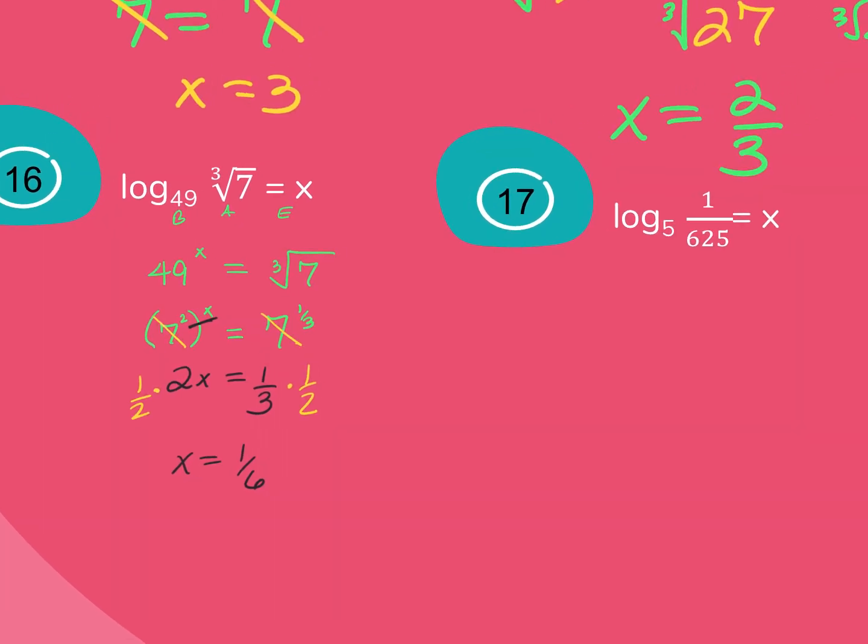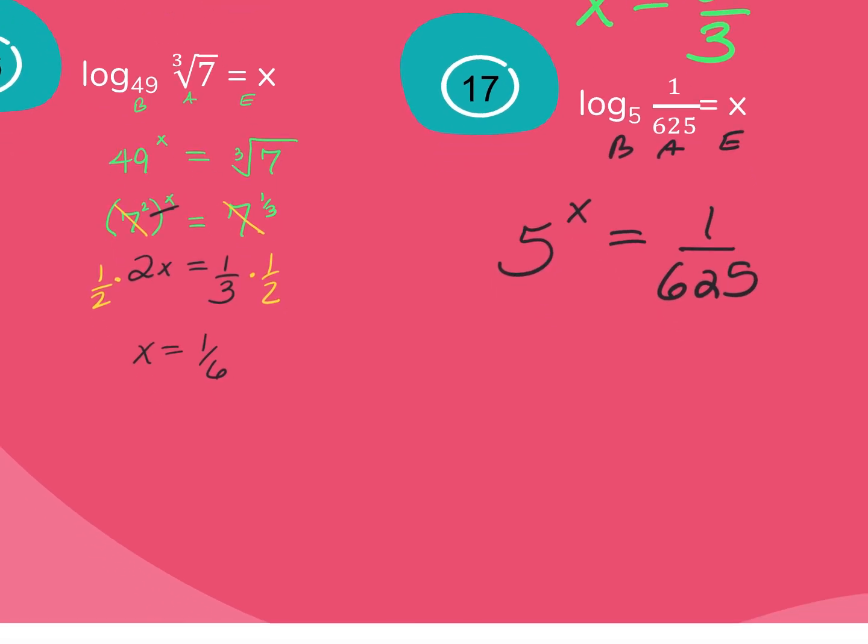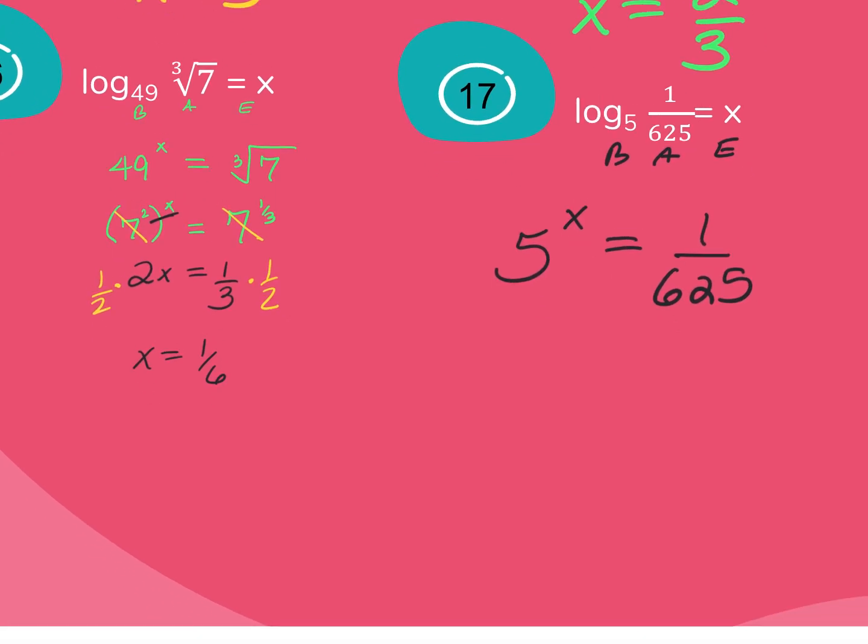Same thing, we're going to turn it to exponential. BAE, 5 to the x power equals 1 over 625. I know that 625 is 5 to the 4th power.